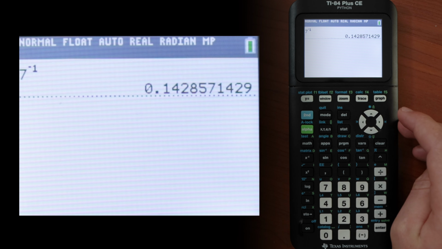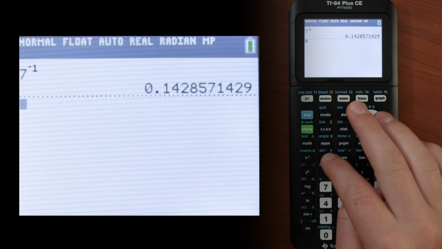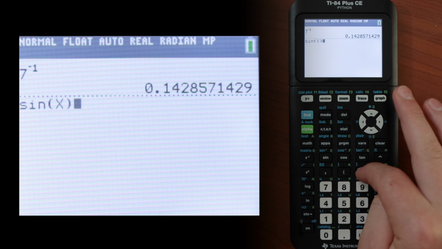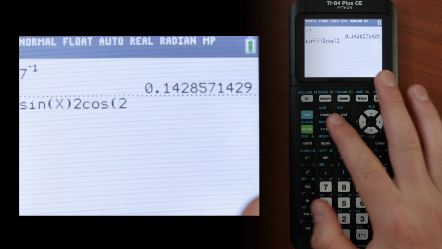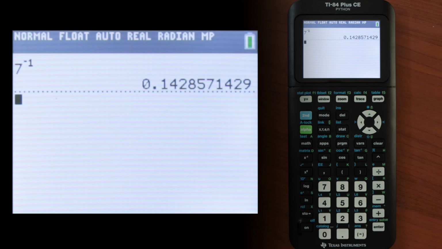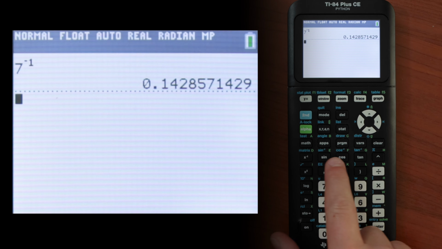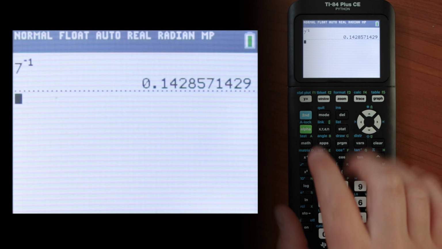Now, our trig functions are given here. Now, if I want to write sine of x, I can do that. If I want to write 2 cosine of 2x, I can do that. Same thing with tangent. All right, everyone. So if we're going to do inverse trig functions, you'll simply see that we have these blue functions right here. Inverse sine, inverse cosine, and inverse tangent.